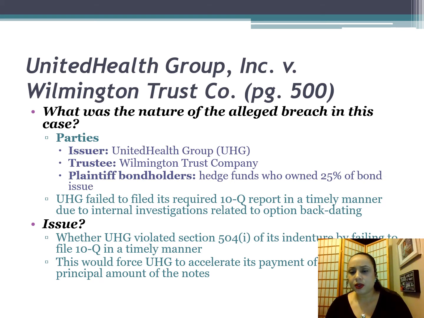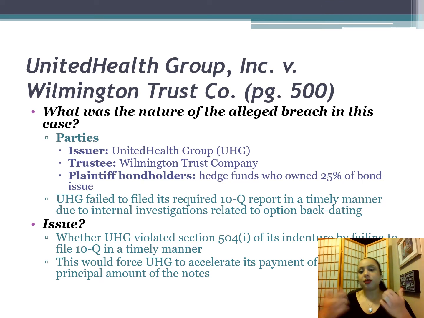However, there was also a section under the company's indenture, right? This agreement between the company and the trustee that sets forth all of the rights and duties of the trustee as well as the holders of various debt instruments. There is a provision, right, under this indenture, it's 504I, that talks about the extent to which the company is obligated to deliver these reports that are filed with the SEC to the trustee, right?